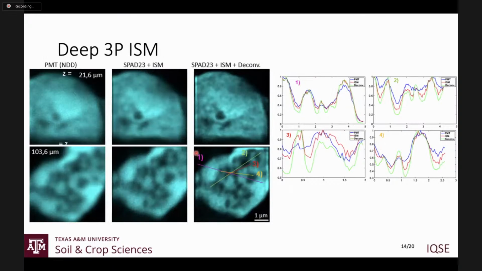When you do image scanning microscopy and the retrieval of that, again, this will not invent any new details for you. When you start to do deconvolution, that is where you have to be mindful of the results that you're getting.